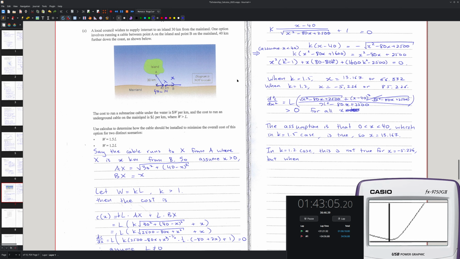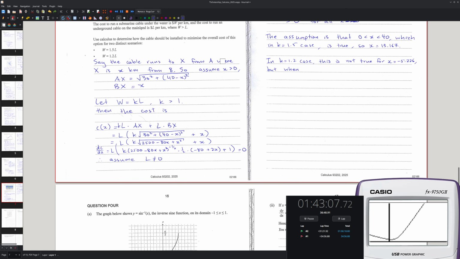But gosh, c of x is convex up. So x equals 0 is the minimum in the permissible range, since c prime of 0 is bigger than 0.